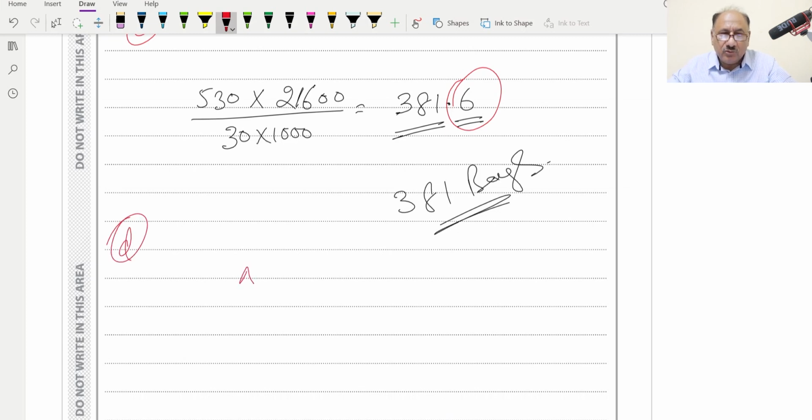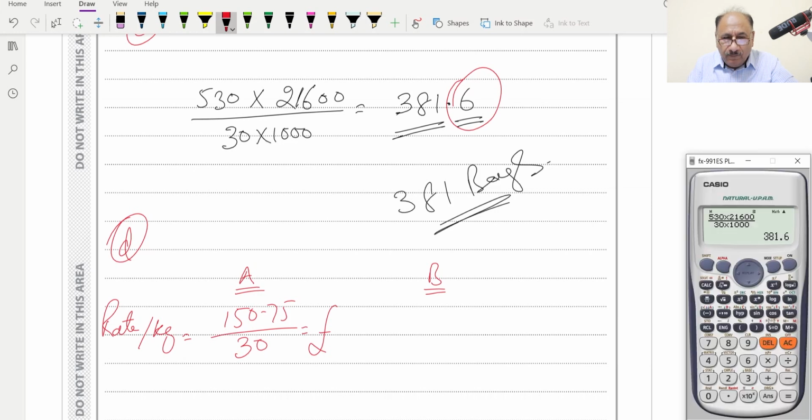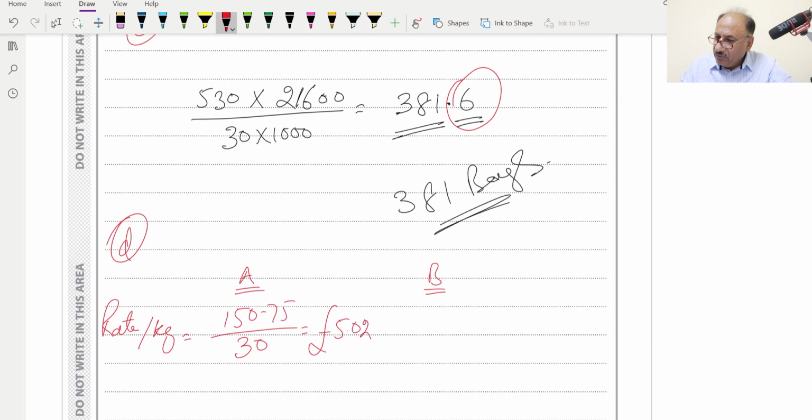So for D we have farmer A and farmer B. For farmer A, the rate per kg is 150.75 for 30 kg, and this will be in terms of pounds. 150.75 divided by 30 is equal to 5.025. This is in terms of pounds.